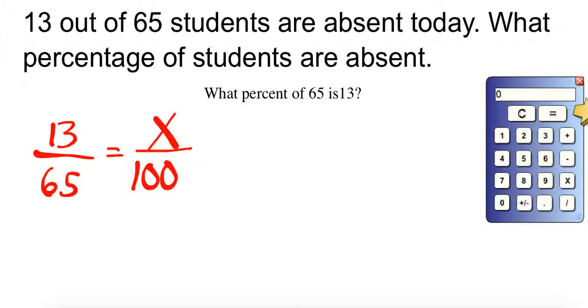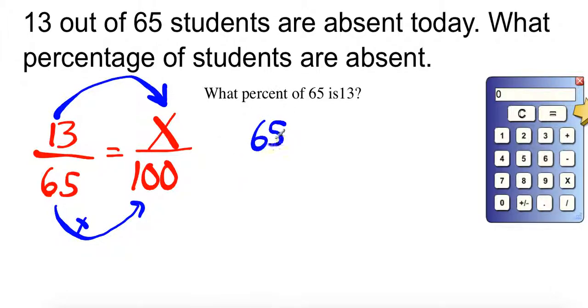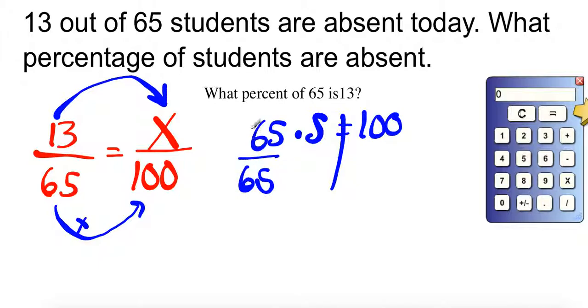So what I'm going to do now is try to find a scale factor between 65 and 100, because that'll tell me what I can multiply 13 by to find the percentage of the students that are absent. I know that 65 times something equals 100. I'll divide both sides by 65, and I'll check my scale factor.